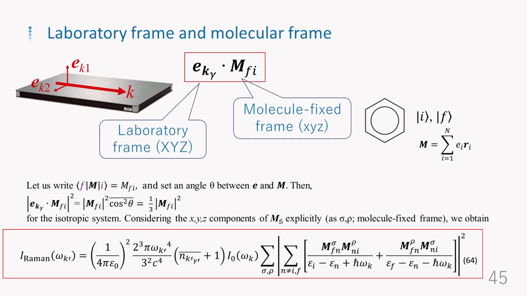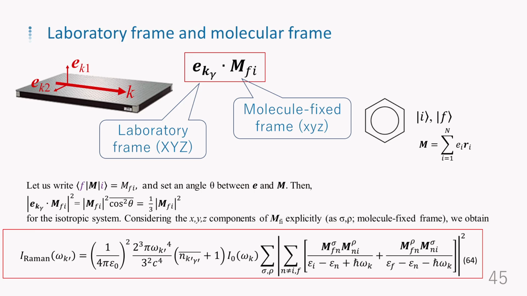But anyway, here is the propagation direction of light, and the electric field E, or unit vector k gamma. Let's introduce e k gamma in the laboratory frame. Then the molecule directs in this direction.